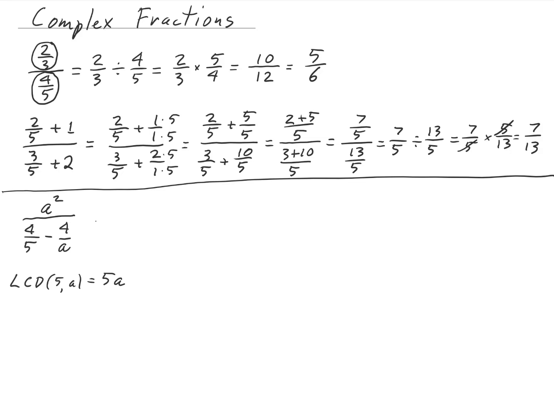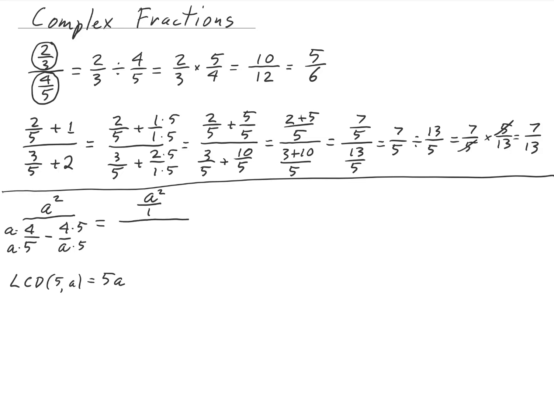Okay, so we got a couple of things we need to change. First, we need to write that a squared on top as a squared over 1 to make it look like a fraction. And then we have to combine those two fractions on the bottom. And they both need to have a common denominator of 5a. So on the first fraction, I can multiply the top and bottom by a. On the second fraction, I can multiply top and bottom by a 5. So when I do this, that a squared on the top becomes a squared over 1.